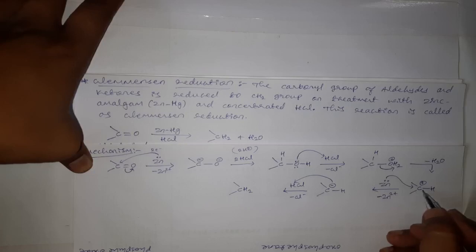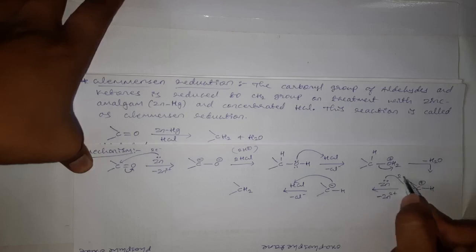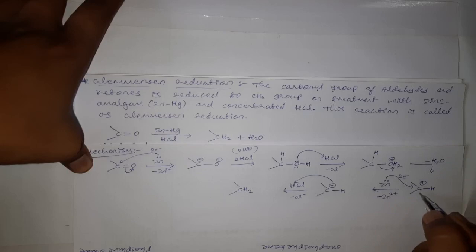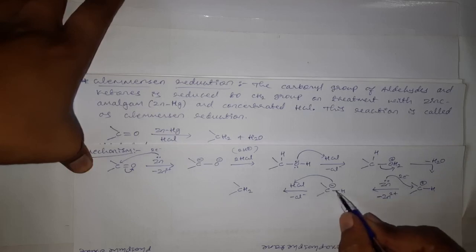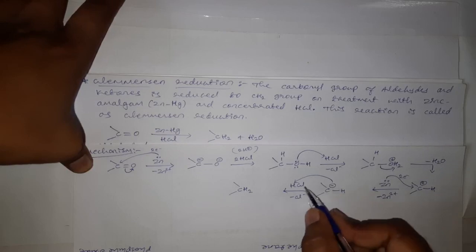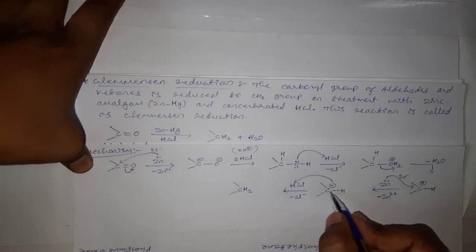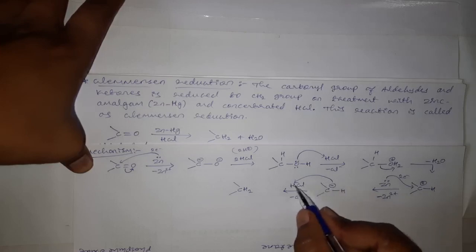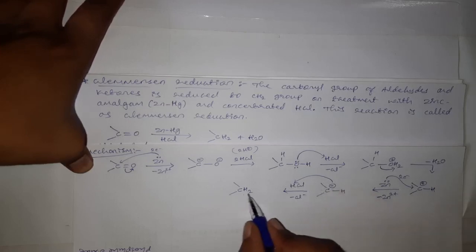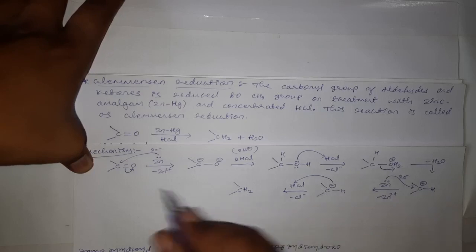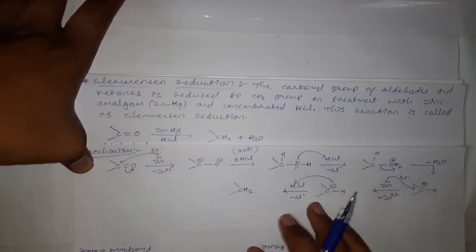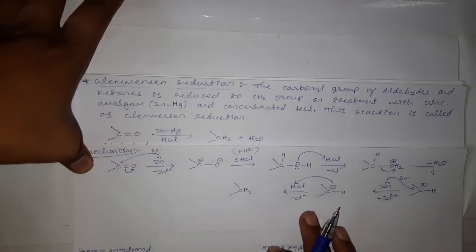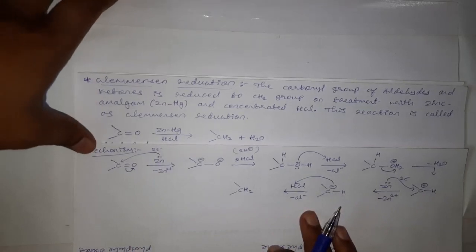When this positively charged carbon is treated with one more molecule of zinc amalgam, the zinc donates 2 electrons to this carbon, and it gets a negative charge. When this negatively charged carbon is treated with one more molecule of hydrochloric acid, it abstracts the proton and forms CH2, the reduced form of the carbonyl group. This is the reaction mechanism for Clemmensen reduction.